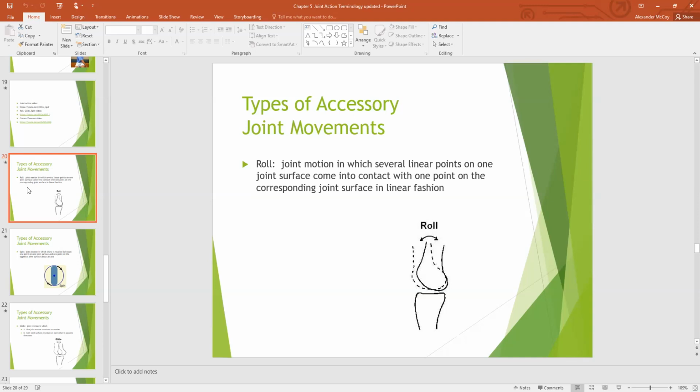So first of all, let's talk about roll. This is where several linear points on one joint surface come into contact with one joint surface on another bone, and it just rolls in a linear fashion. So think about if I had a stable leg, like my foot was on the ground, and then I bend and flex at the knee.